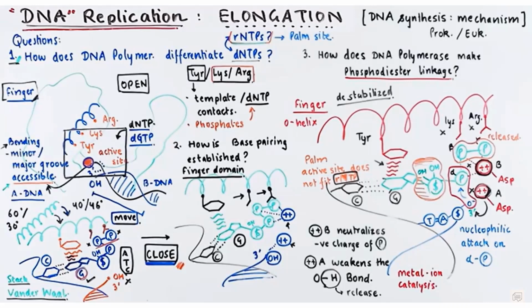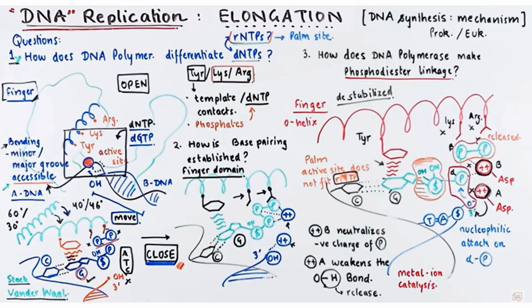The point is there is a movement in the finger domain. It is not important to know how many degrees it is bending. The movement occurs when tyrosine responds when it comes in contact with the new dNTP.